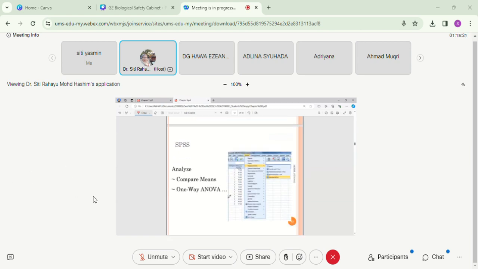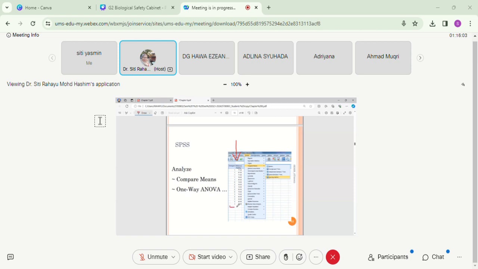Now, this is the way on how we can perform the analysis using statistical package. What you need to do is go to analyze, compare means, and scroll down, look at the last one. It says one-way ANOVA. Before that, of course, you need to key in your data, and the way you key in your data is similar to the independent samples t-test.